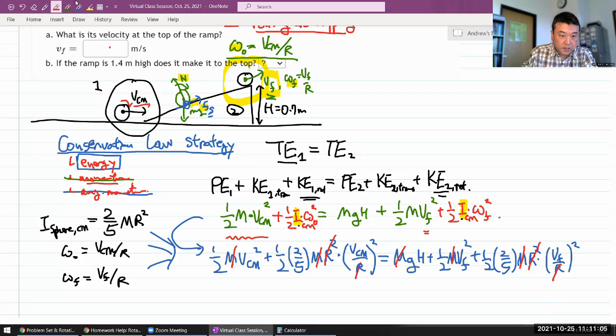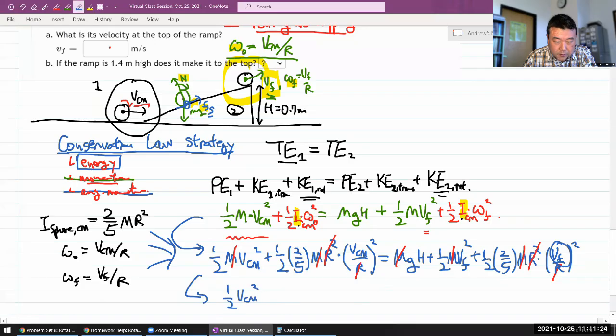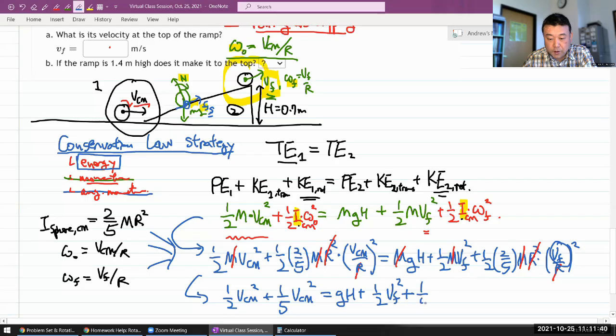So let me just write down the cleaned up version, and looking at the time, let me leave it up to you to work out this V final here. So, 1/2 VCM squared, let me simplify this, plus 1/5 another VCM squared is equal to gh plus 1/2 V final squared plus, simplified, 1/5 V final squared.